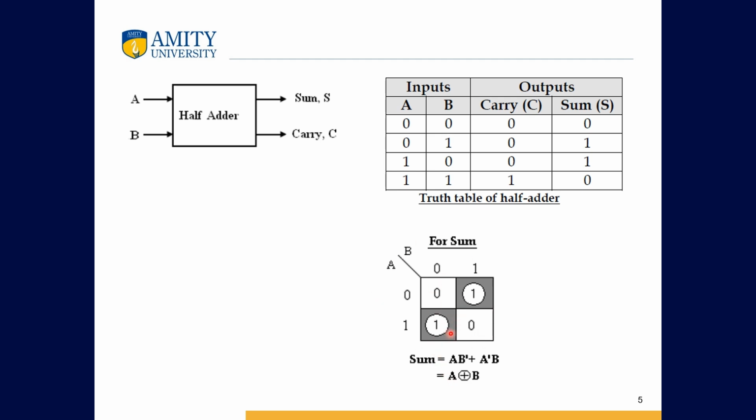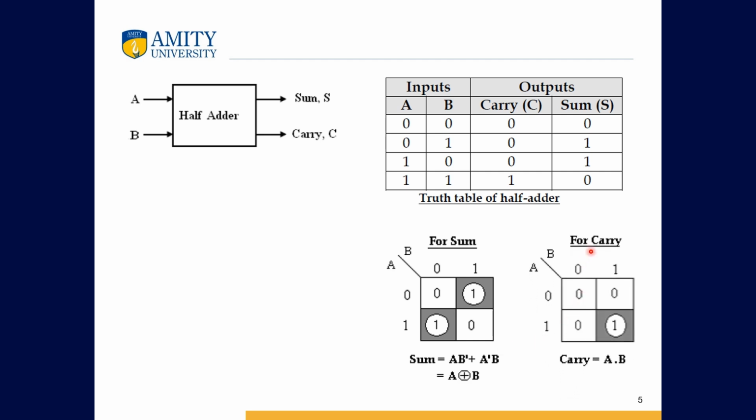Now we can recognize the circuit using the following expression. Over here we can see two different states where the sum is 1, that is a1 b0 and a0 b1. And for carry we have the following schema where we see there is only one condition: a and b both are 1.